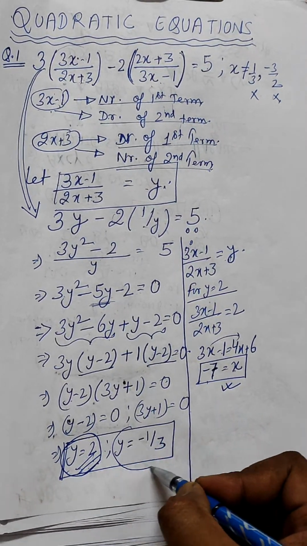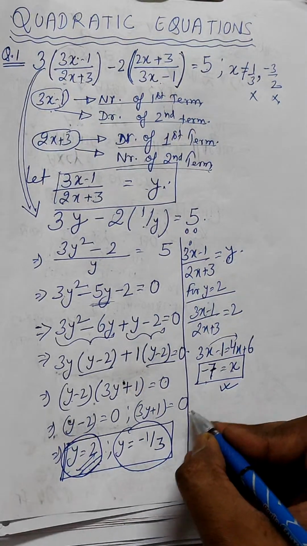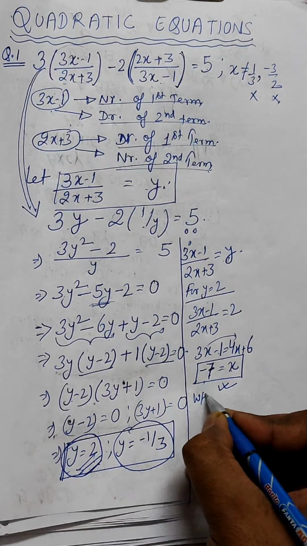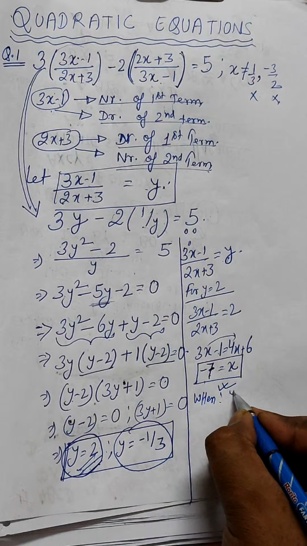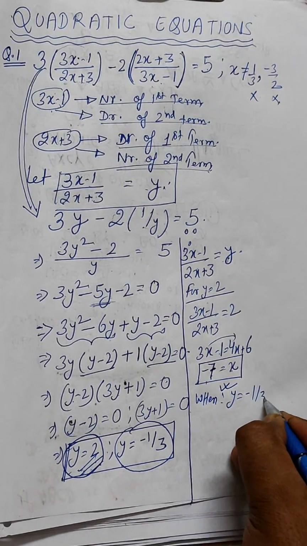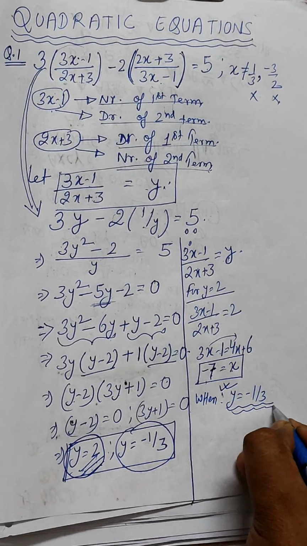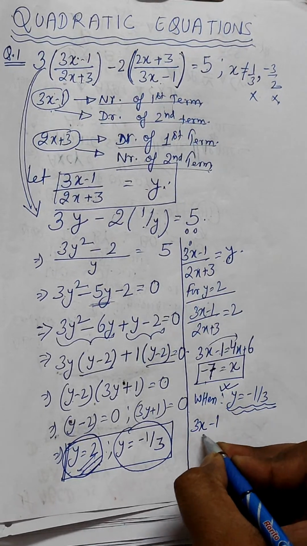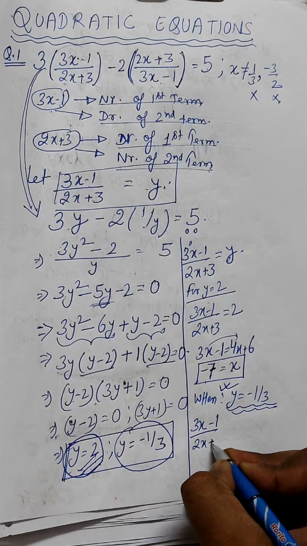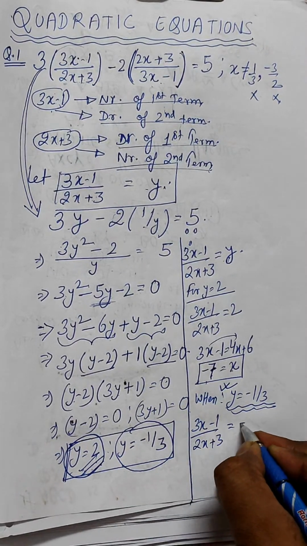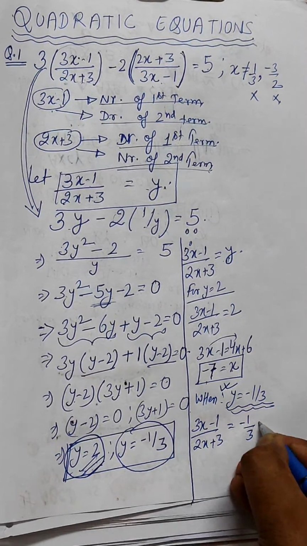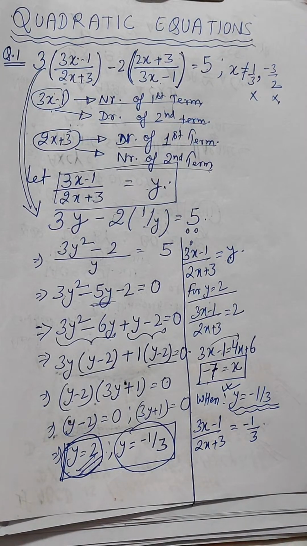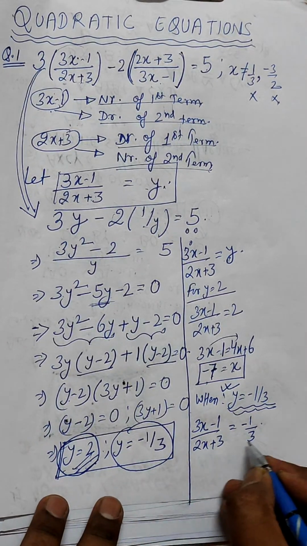But when you put y equal to minus 1 by 3, that means when y equal to minus 1 by 3, right, this will give you (3x minus 1) by (2x plus 3) is equal to minus 1 by 3, isn't it? Now, just cross multiply.